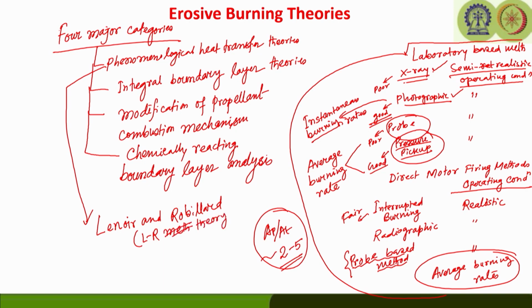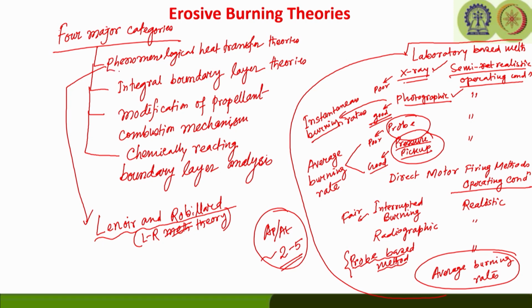So, we will restrict our discussion only to this LR theory, because this has been widely used in rocket performance calculation. Of course, if you look at the literature, there may be some criticisms of this LR theory, and also there are some literatures available which can support these theories. Nevertheless, we will give importance to this theory because of the simplicity in the modeling part.